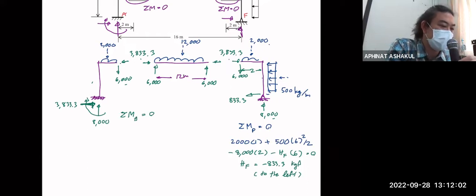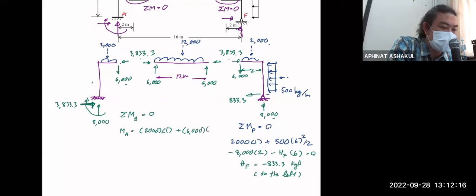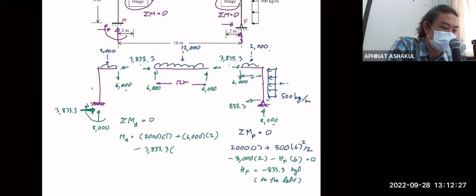And now MA is going to be equal to 2,000 multiplied by 1 plus 6,000 multiplied by 2 minus 3833.3 multiplied by the height, which is 6.